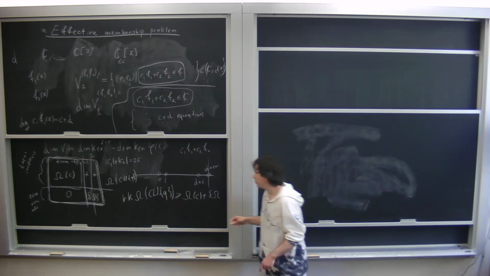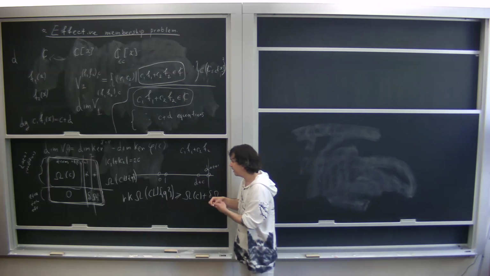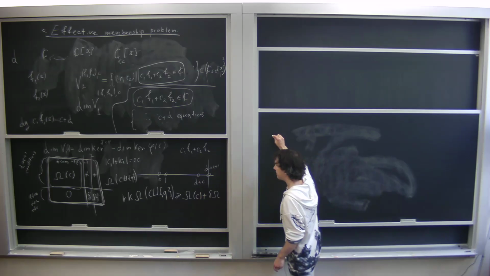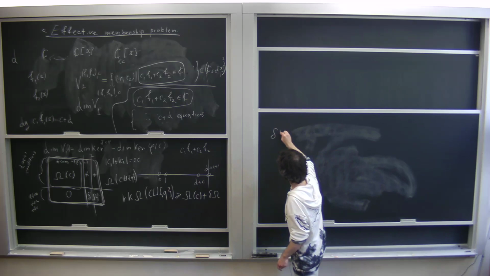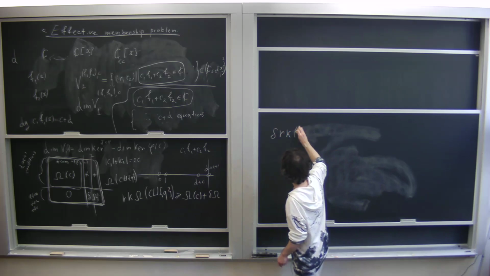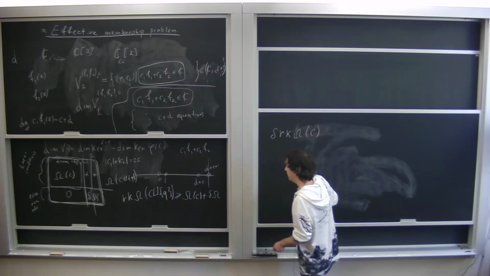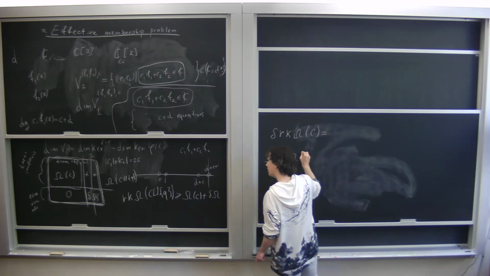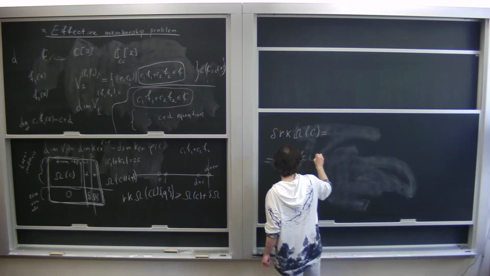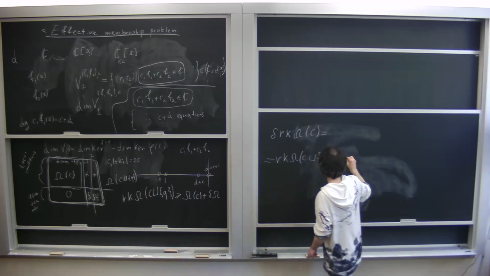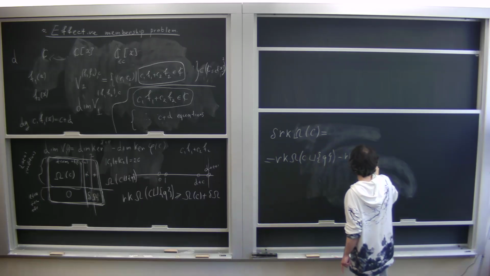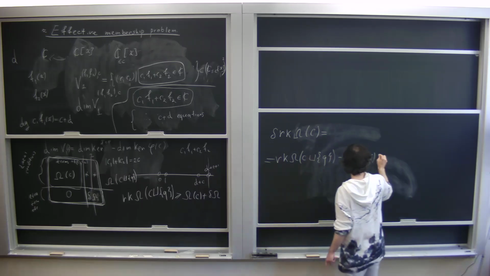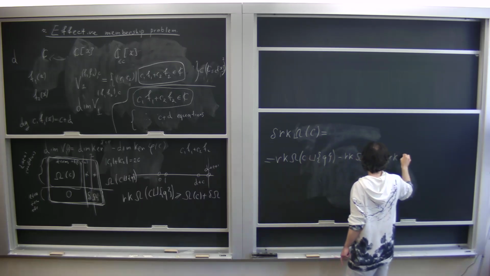And as we are playing like we try to differentiate something, let us say that in this case, delta of rank omega of C, which is equal to new rank of C and Q minus rank of old omega, and that by this inequality is bigger than the rank of delta omega.